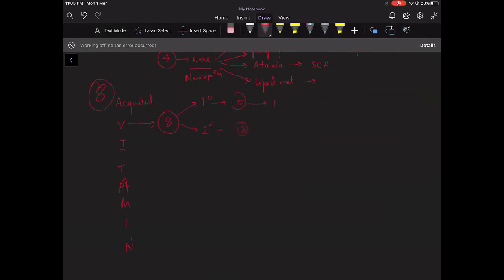Primary includes polyarteritis nodosa, like Churg-Strauss variant also, and Wegener's also. Patient can have rheumatoid vasculitis, present with neuropathy, and even sarcoidosis. And secondary causes we had studied like viral infection, diabetes mellitus, and HIV.